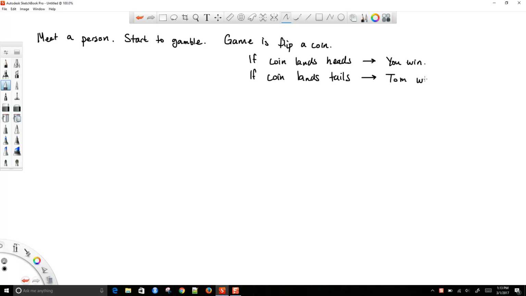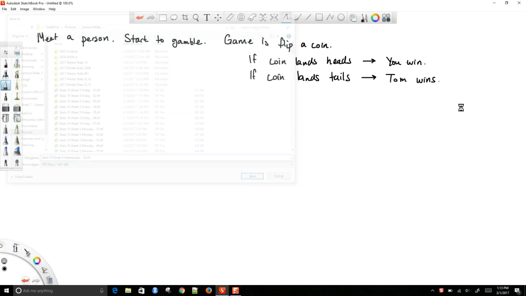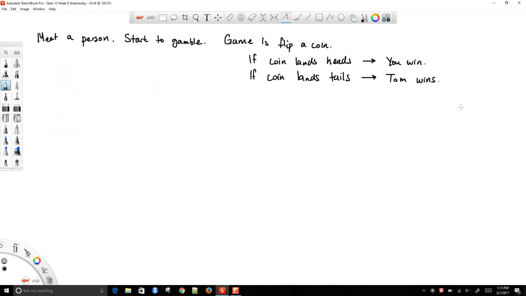Tom wins. So if the coin lands heads, you win, and if the coin lands tails, we'll say Tom wins. And Tom insists that he flips the coin. Okay, well, it's a little strange, but sure, we'll go with it. So Tom does the coin flipping.